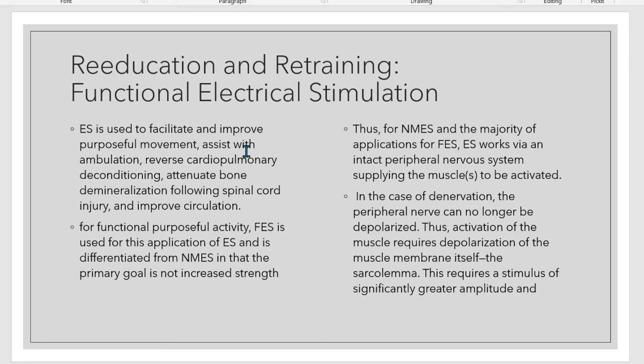In the case of denervation, where the peripheral nerve can no longer be depolarized, activation of the muscle requires direct depolarization, so it needs a very strong current with greater amplitude and greater intensity.